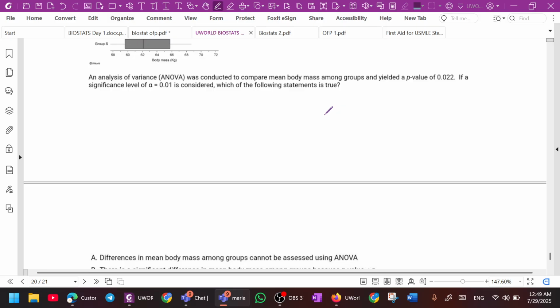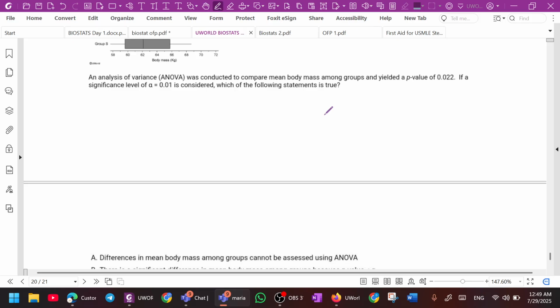Okay, so if alpha was 0.05, like the same one that you always know, would this p-value be statistically significant or not? Yes, the p-value is statistically significant then.